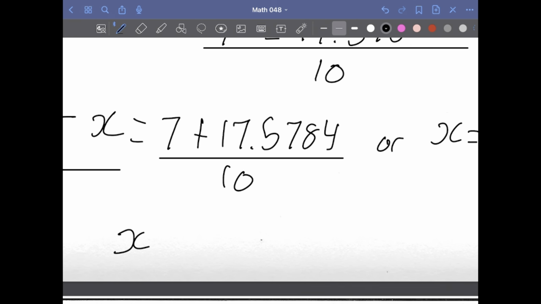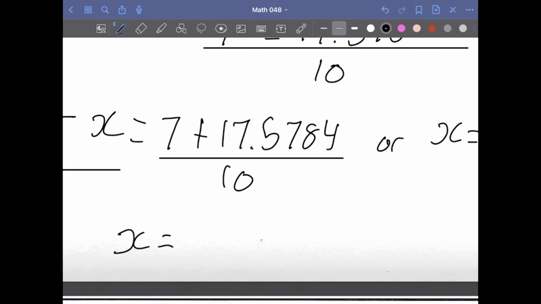So I'm going to put all of that in my calculator. I'm going to put 7 plus 17.5784, that's 24.5784, and I'm going to divide that by 10.